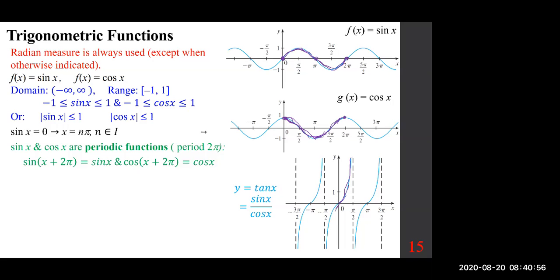And it looks almost like y equals x cubed, and you have vertical asymptotes where cosine is 0.